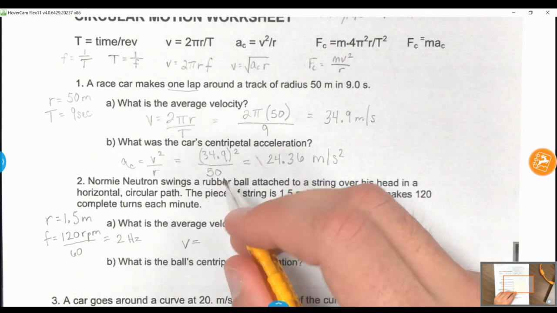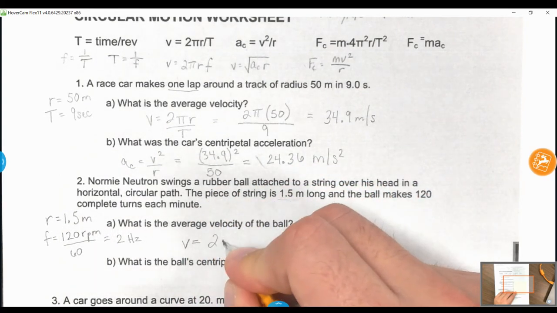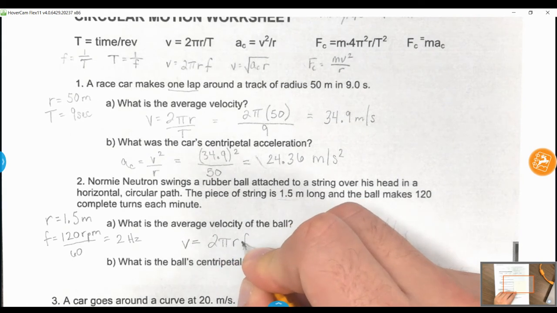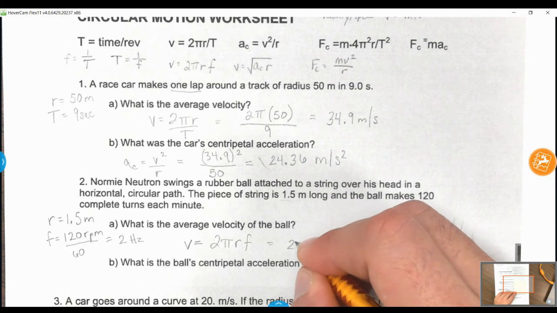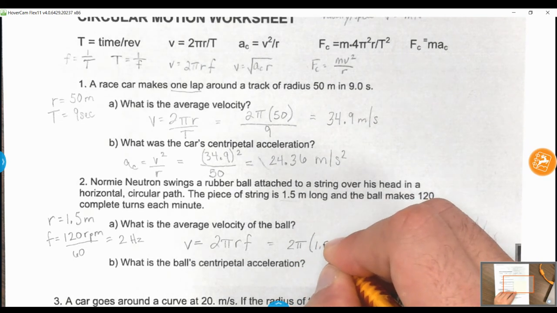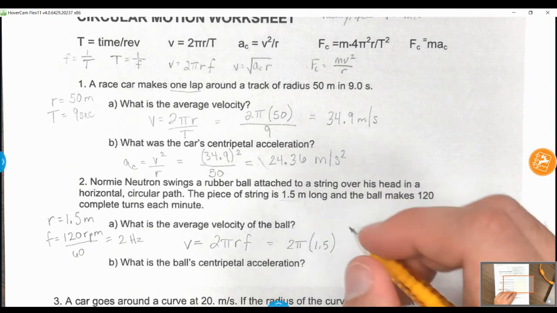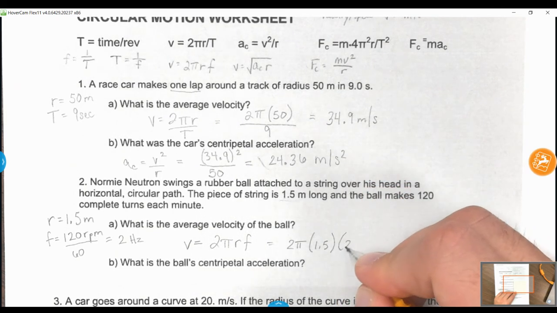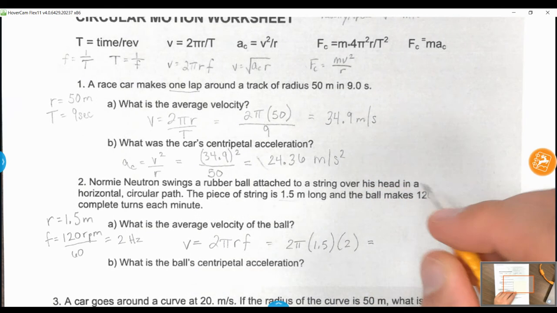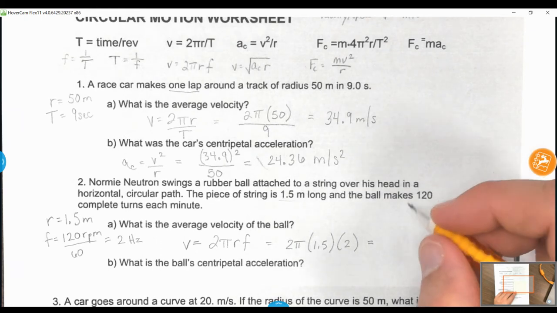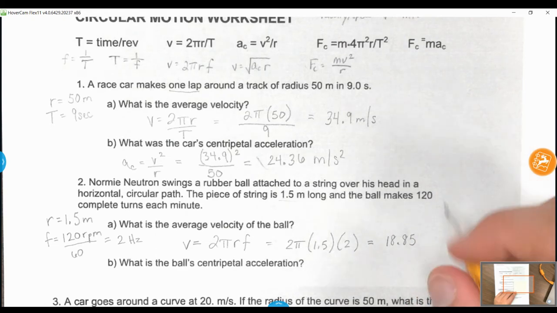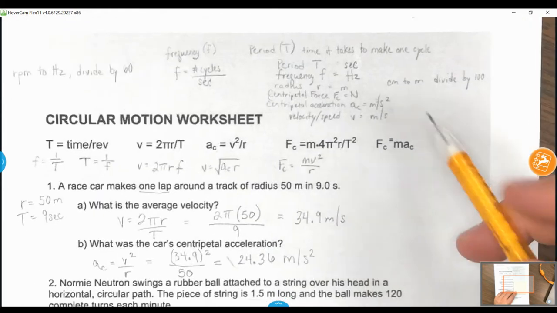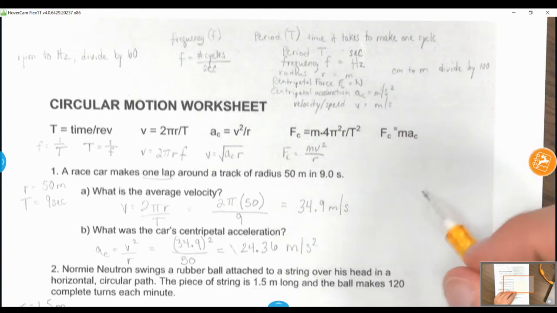So your velocity is going to equal 2 pi r times f, 2 pi times 1.5 times f, which was 2. And you're looking at roughly 18.85, and the unit for velocity or speed here is meters per second.